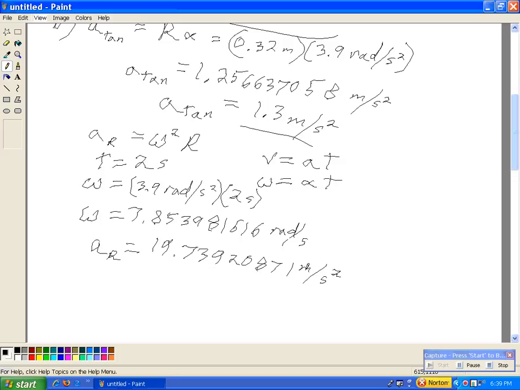Okay, and this uses meters because we multiplied it by the radius. So with significant figures, it's 20 meters per second squared. Okay, and you're done.